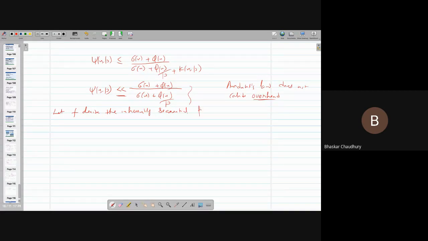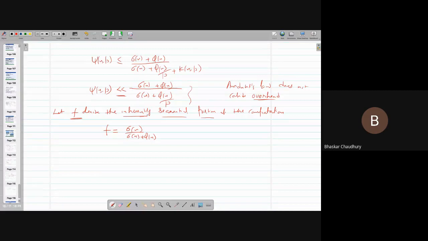So f is the inherently sequential portion. So f is equal to sigma n divided by sigma n plus phi n. That's the sequential portion.